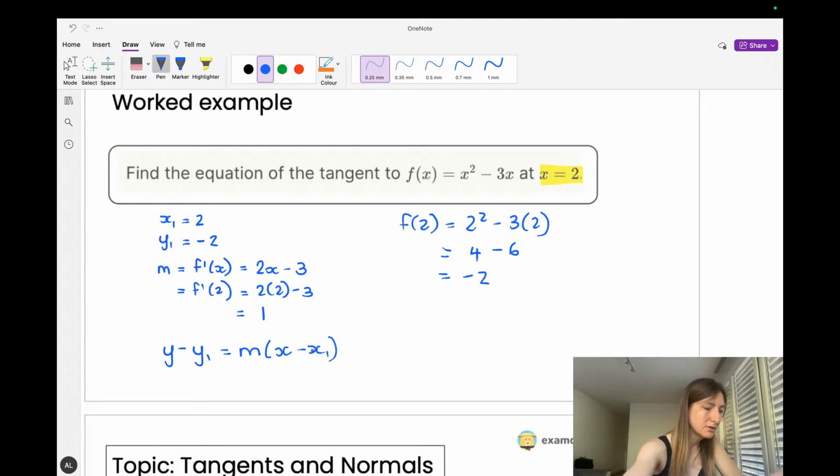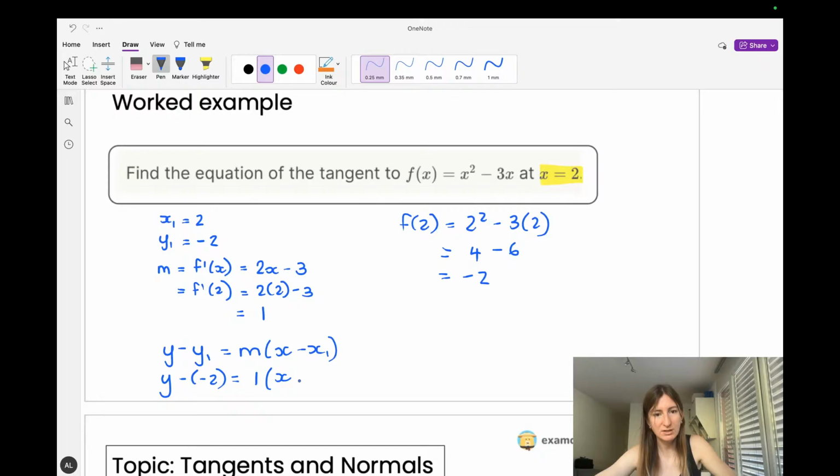And now I can substitute. So y and x, they're just floating. There's nothing we change for them. y1 was minus 2, minus minus, don't forget brackets. Our m was 1, that's a lovely and easy gradient. x is just floating. x1 was 2.